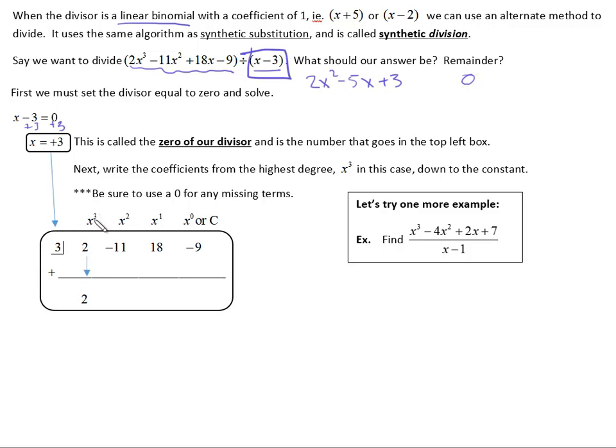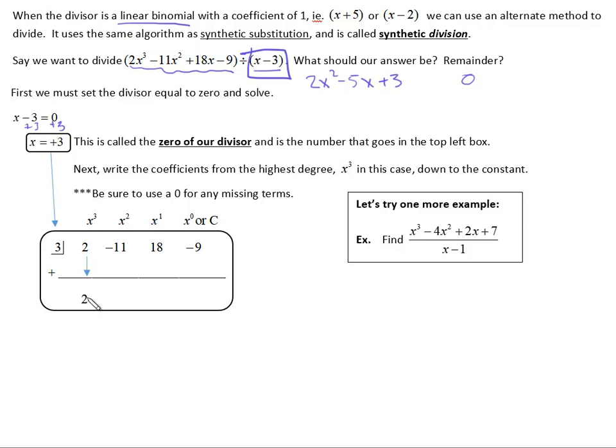Okay. So we take our original coefficients, again, x to the third is the highest degree, so we put a placeholder for x to the third, x to the second, x to the first, down to the constant. And we write in our coefficients, 2, negative 11, 18, negative 9. We weren't missing any, so we didn't need any zeros for placeholders. Okay, then we drop down our first coefficient of 2 to get us started.